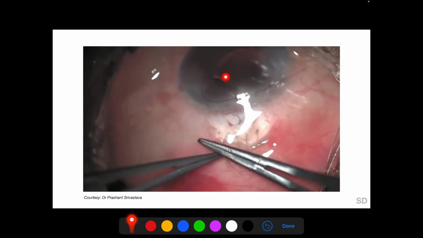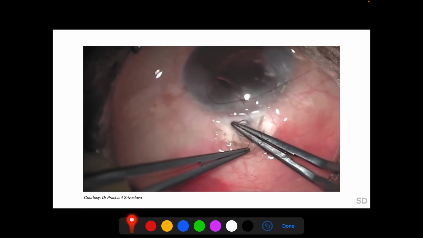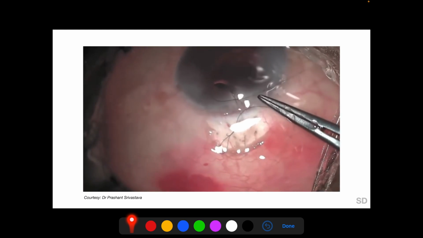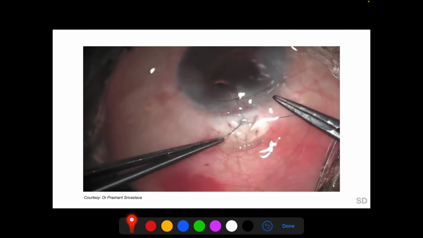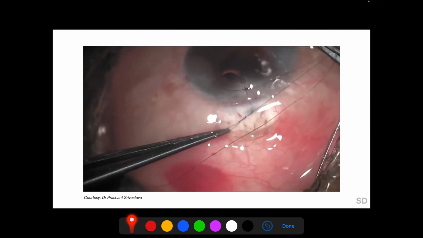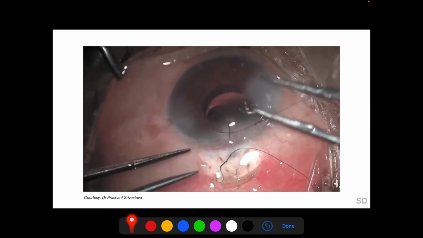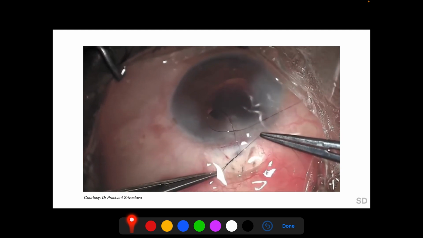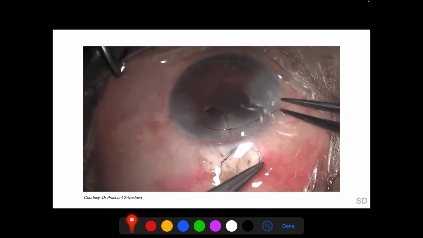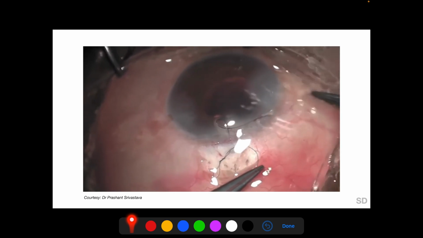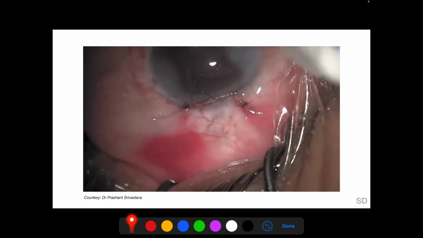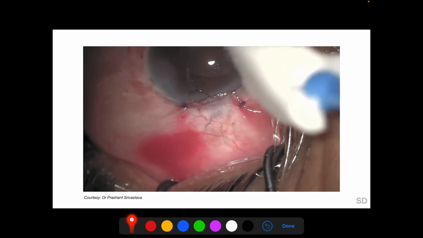So this is the loop with which the suture can be removed post-operatively. And the conjunctiva is closed.